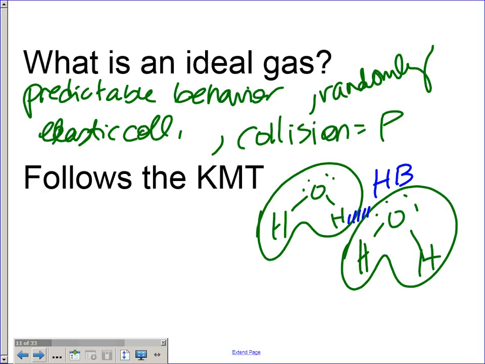But what you can think of is that we know these actually occur, right? But if we assume they don't occur, we get to use the ideal gas law, which is, by the way, what? The ideal gas law is PV equals nRT. If we assume ideal gases exist, they all act appropriately, they don't attract each other, and they collide with the container wall without any weird attractions, we get to use that.